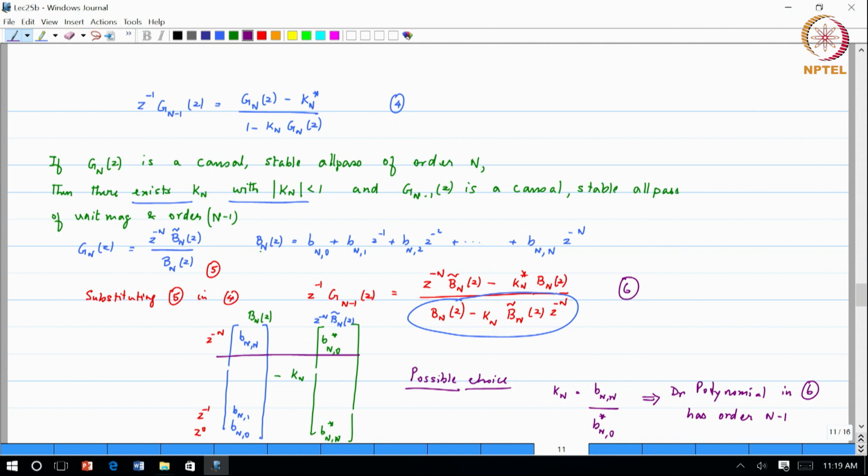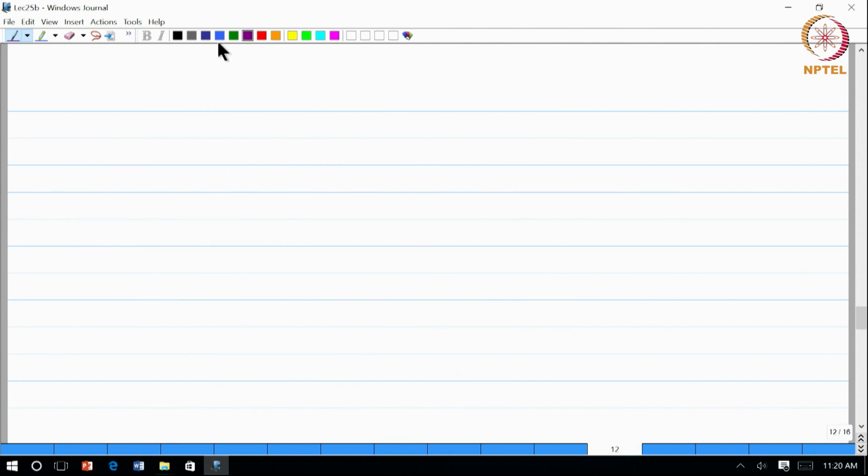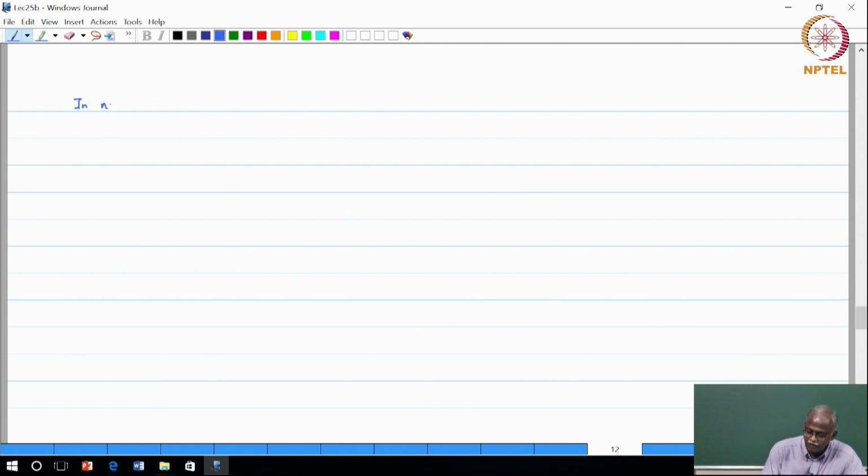Okay. Now, spend a minute to tell me what the coefficient on the numerator will be. So, basically it will be z power minus n Bn of z, that is sitting there, minus Kn conjugate times the coefficients of Bn of z. Okay. If you write that down and substitute what you have here, you can verify that in the numerator term, yes, the constant term gets knocked off.